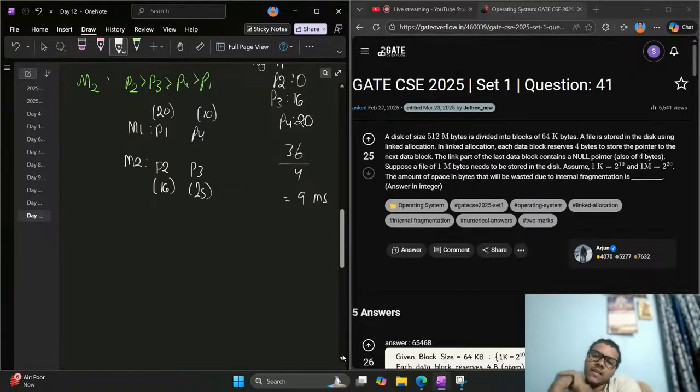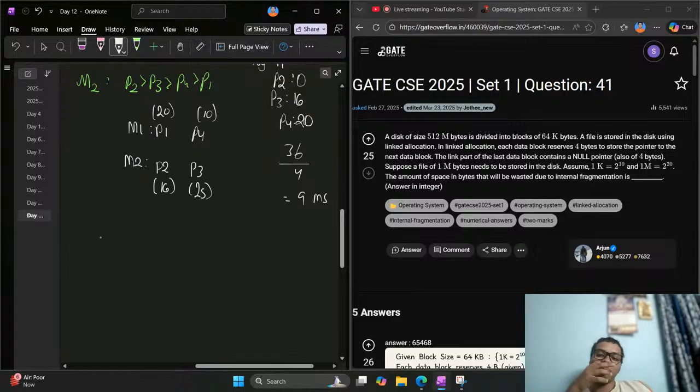A linked allocation, then in linked allocation each data block reserves 4 bytes to store the pointer to the next data block. The link part of the last data block is a null pointer, also 4 bytes. Suppose a file of 1 M bytes needs to be stored. 2 power 10, 2 power 20. The amount of space in bytes that will be wasted due to internal fragmentation is?